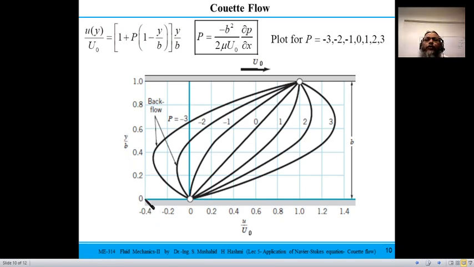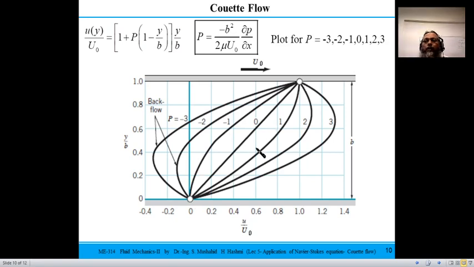So when y is 0 you are here, when y equals b you are here, because when y equals b this ratio would be 1, and here the velocity ratio is 0, so it means the velocity is 0 here, and here the velocity ratio is 1, it means your velocity is u naught. So when your velocity is u naught you are here.